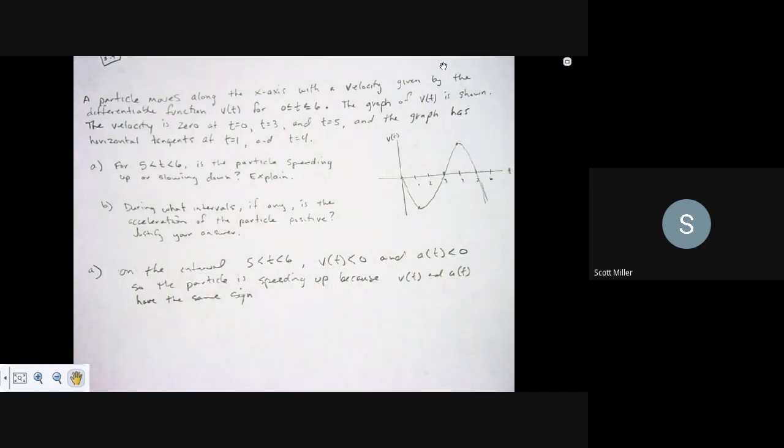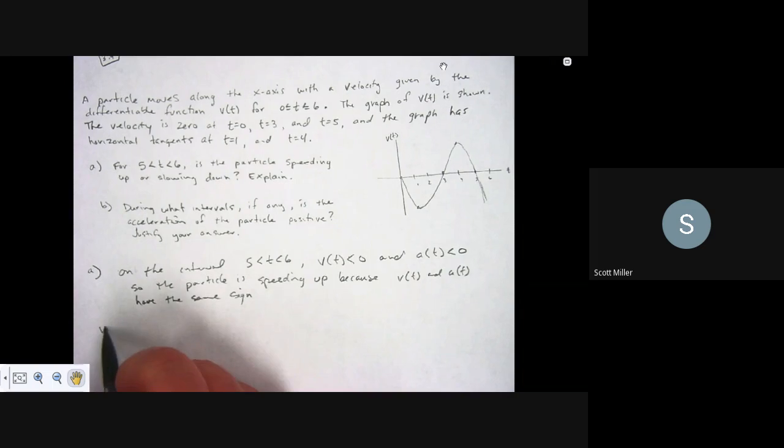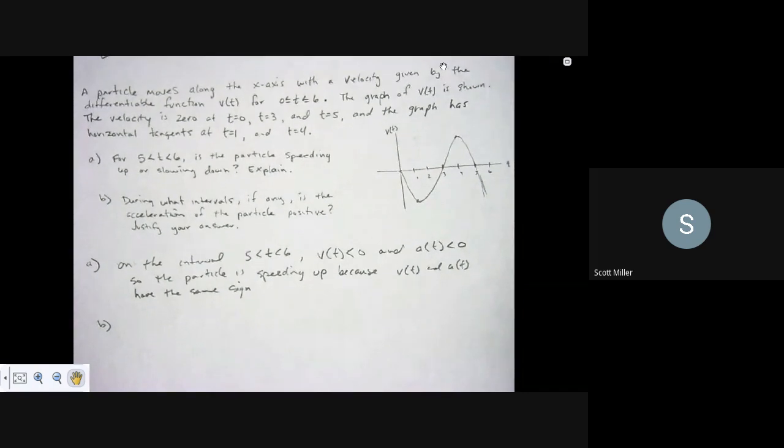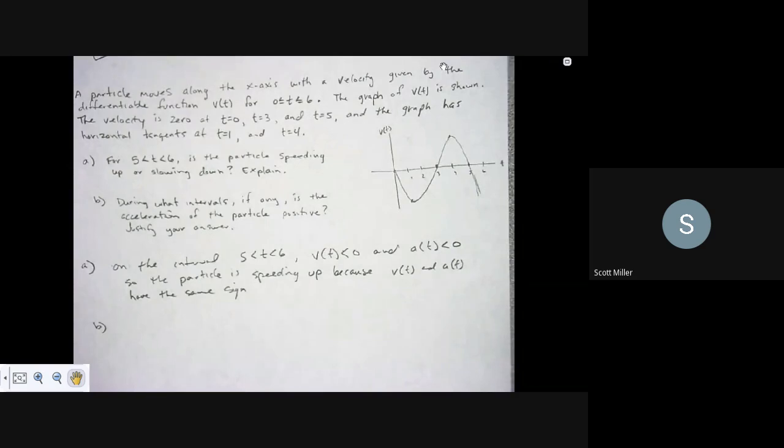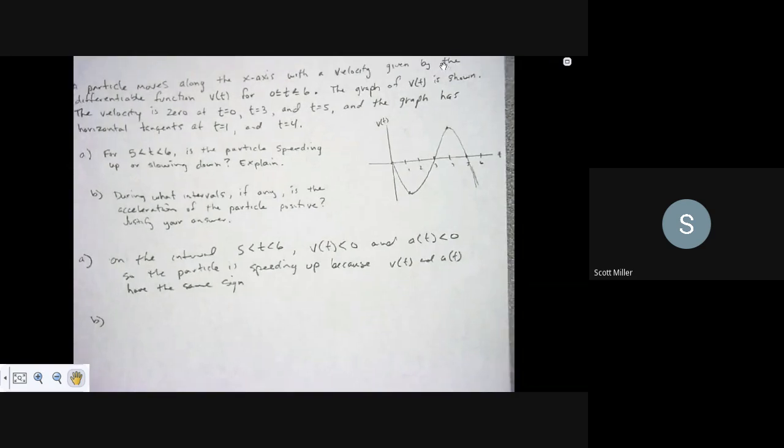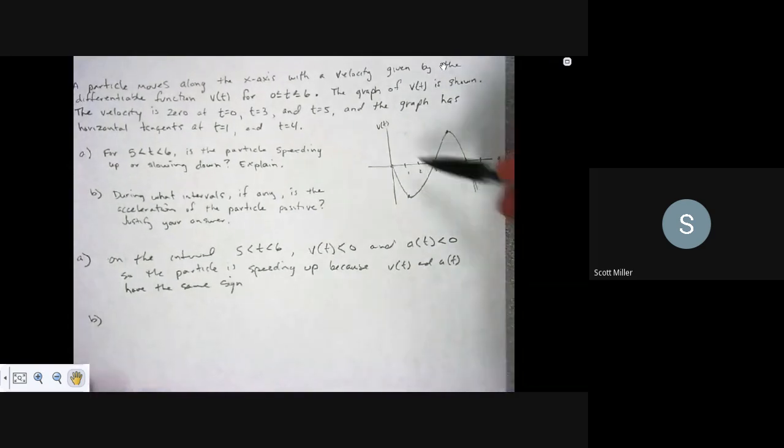Okay? What about part B? During what intervals, if any, is the acceleration of the particle positive? Justify your answer. Okay? So again, the acceleration is pretty much the derivative at every point in here.